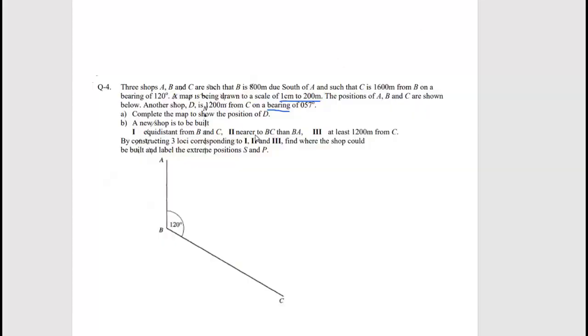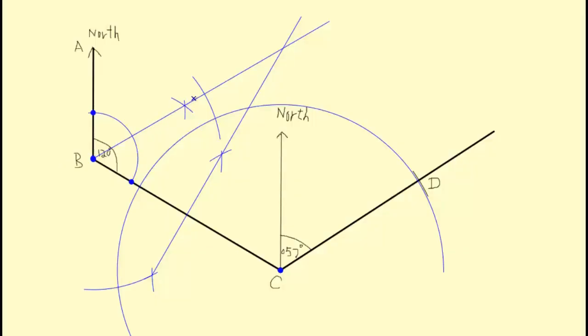The second, it should be nearer to BC than BA. So what is the locus which is equidistant from BC and BA? This locus is the angle bisector. If the shop is on this locus, it will be at equal distance from line BA and line BC.